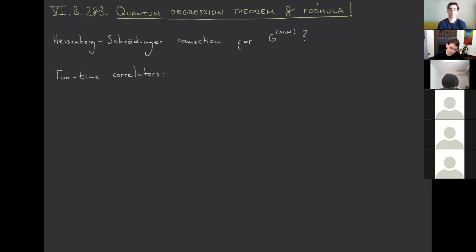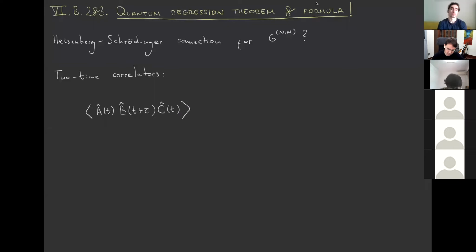And two-time correlators, the most general type of two-time correlator, I can always write it in the following way. I just take one system operator A at time t, and then I find what is the correlation with another system operator B at time t plus tau, so a different time. And then I also add one more operator C at the original time t.